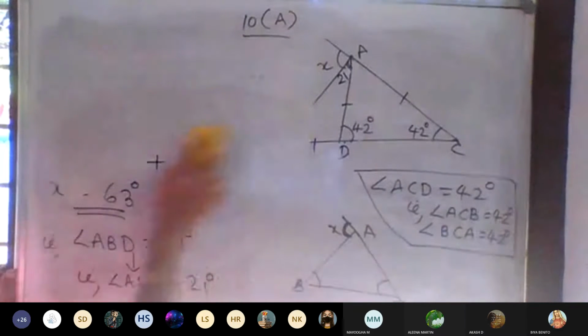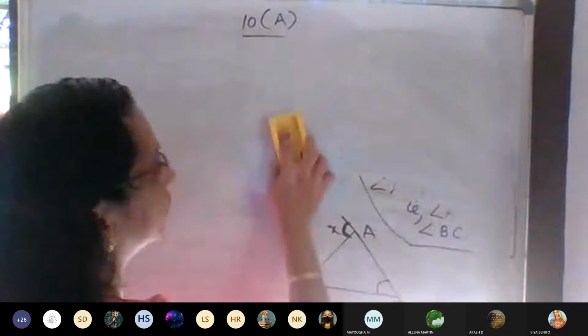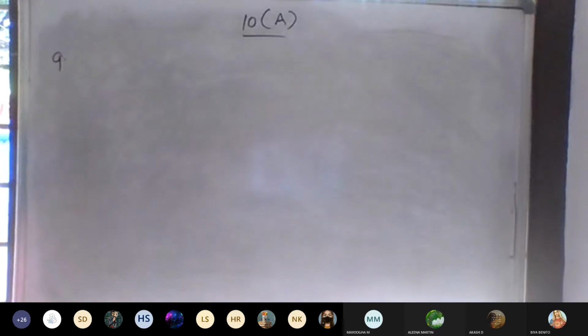The ninth one. In triangle ABC, BD bisects angle B and is perpendicular to AC.